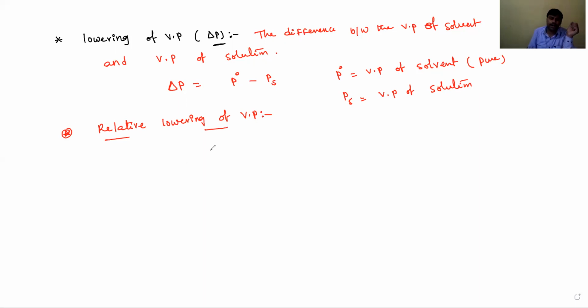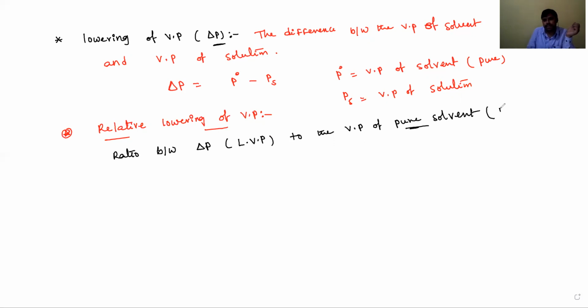It is defined as the ratio between delta P, the lowering of vapor pressure (LVP), and the vapor pressure of pure solvent, P naught.